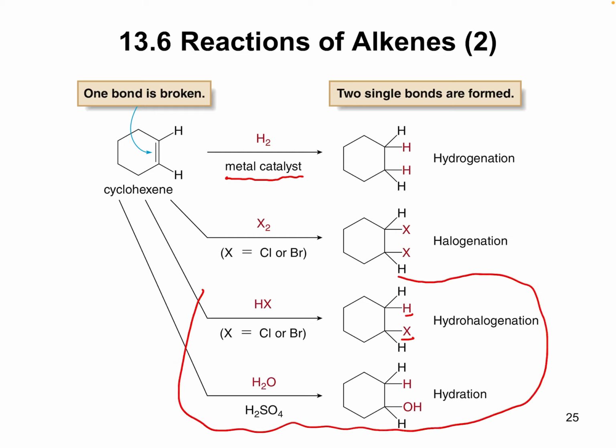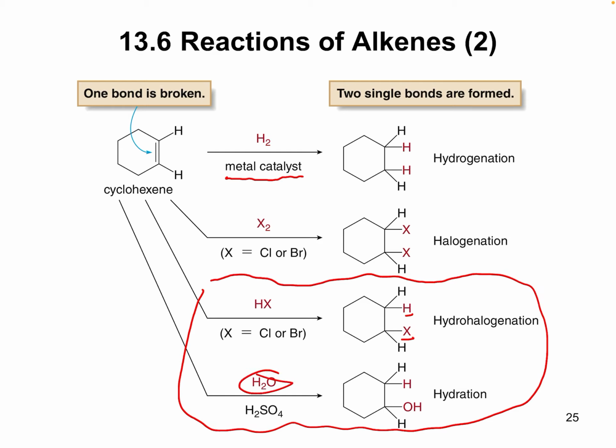There are some interesting things we have to look at, especially for these last two reactions, because we have to be careful about where we add the hydrogen and where we add the other things. In the first case, hydrohalogenation, where does the halogen go and where does the hydrogen go? That's something we have to discuss. And in this last reaction, the hydration reaction, we have to discuss where we add the hydrogen of the water and where we add the OH of the water.